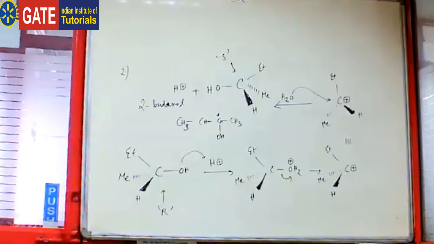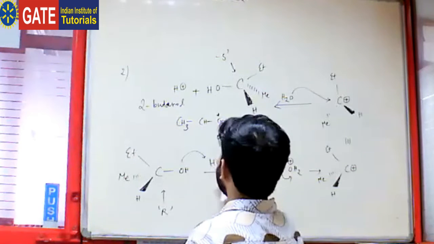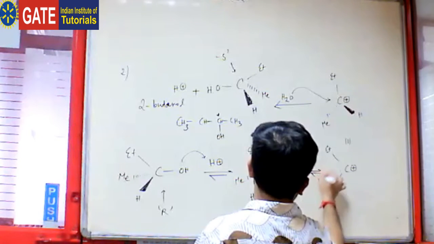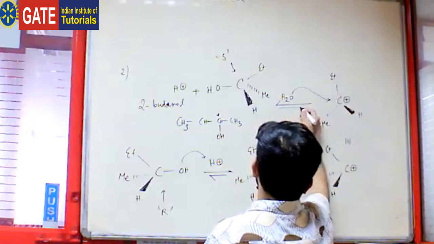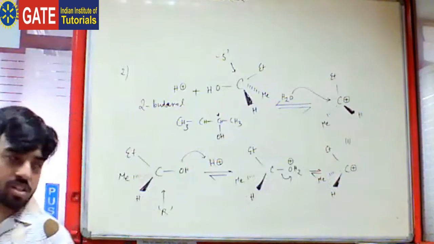Clear, right? So 2-butanol from R under racemization is going to the S configuration. Generally remember, this is not an irreversible reaction. Totally all are reversible reactions.